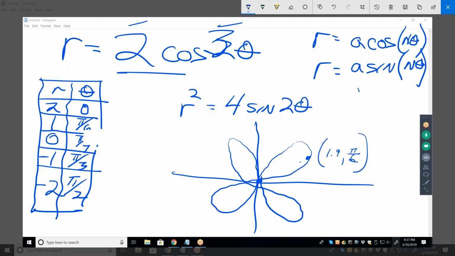According to this, you get one petal for every 90 degrees. In other words, when they go from 0 to pi over 2, they get this petal right here in the drawing. Now, this doesn't address what to make of that plus or minus. Hold on a minute. Let me just quickly read this.